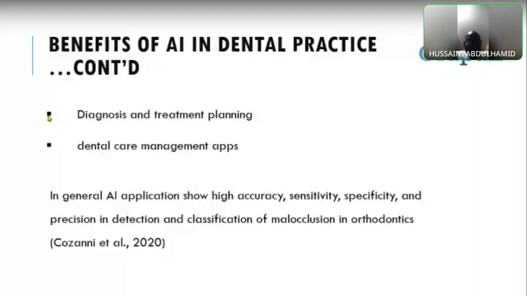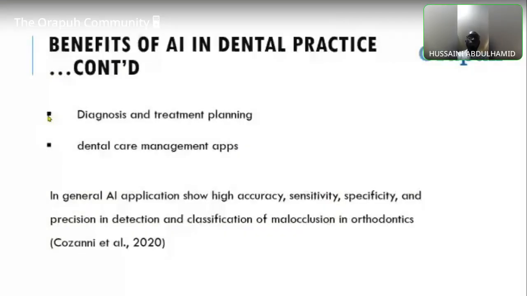So there are dental co-management apps. That is also part of the benefit of artificial intelligence. There are different kinds of apps that have to do with teaching, learning, and practice of dentistry.